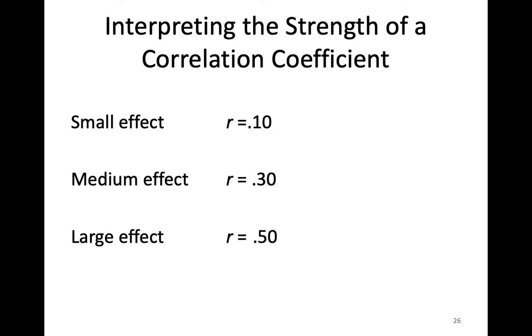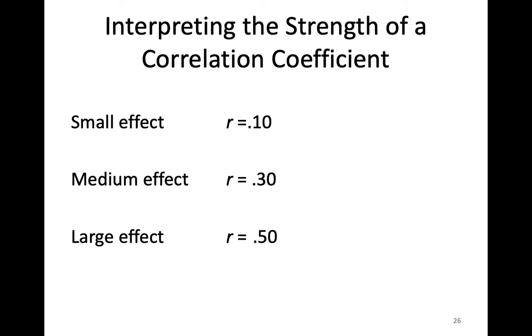There are some guidelines that have been established for interpreting the strength of a correlation coefficient. A small effect or association would be a correlation around 0.1, either positive or negative. A medium correlation would be either positive 0.3 or negative 0.3.